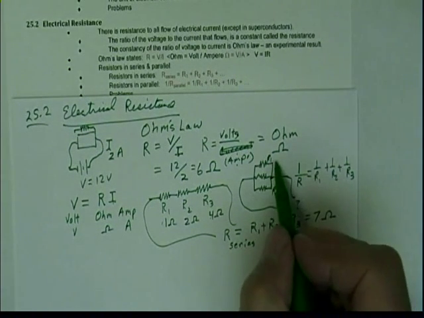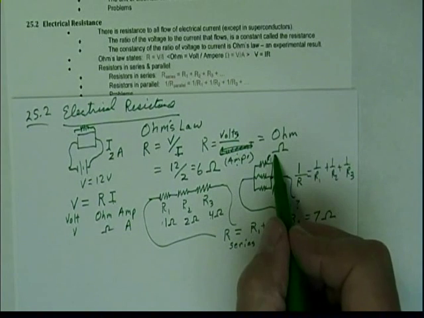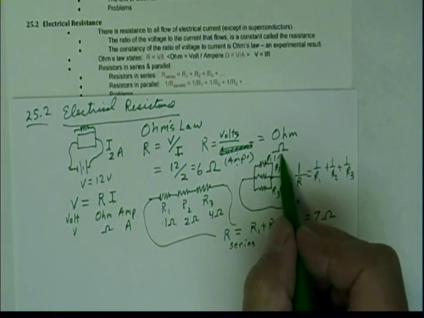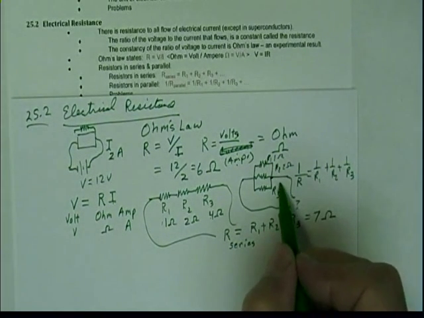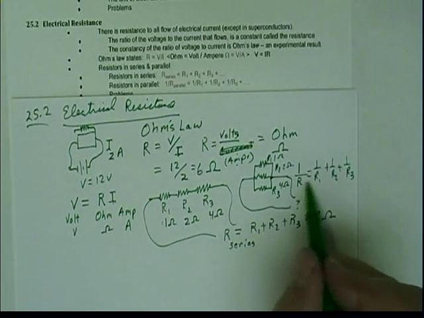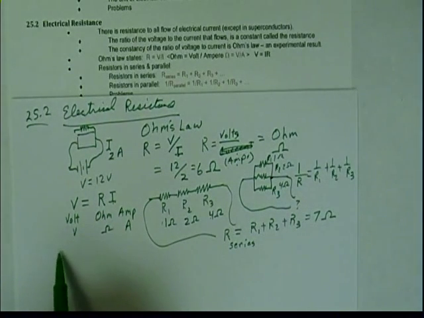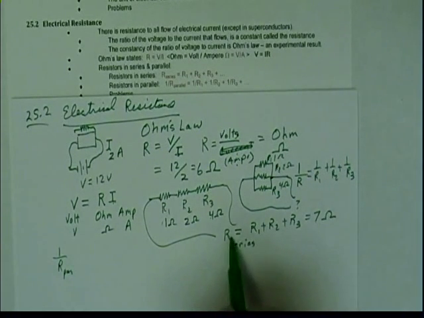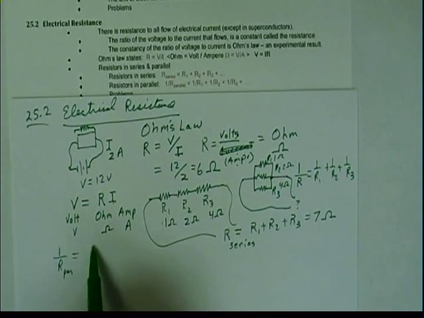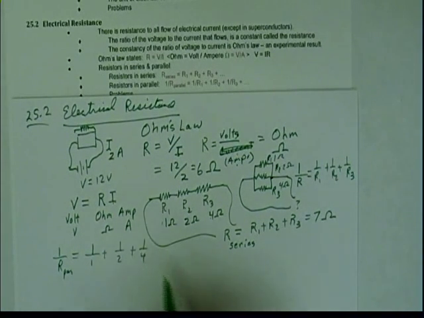But, however, if we connected these as a resistor of 1 ohm, 2 ohms, and 4 ohms in parallel like this, we would find our equation looks like this. 1 over the resistance in parallel, this was series, parallel would equal 1 over 1 plus 1 over 2 plus 1 over 4.